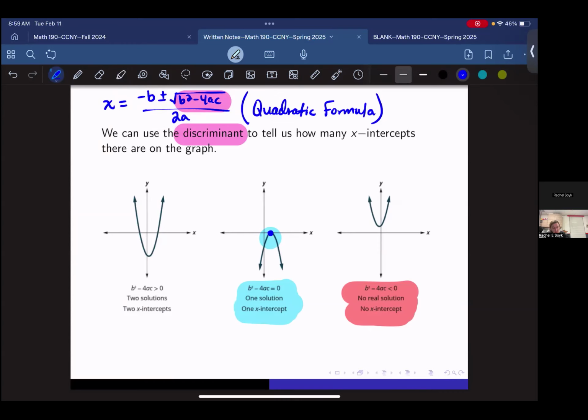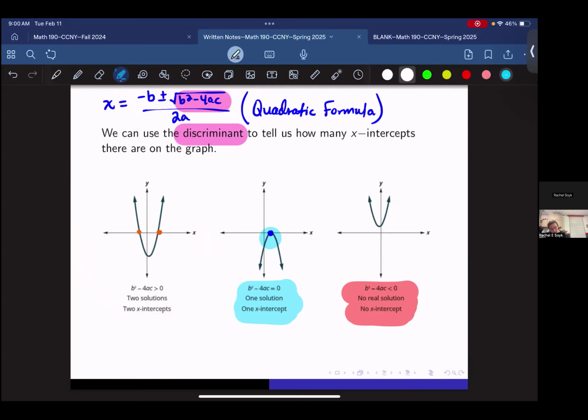And then finally, if you're looking at a value that is greater than 0, whether it's a perfect square or just any random number, 12, for instance, you're going to get two distinct real solutions because you have this plus or minus that you are applying to your quadratic formula, which means you'll have two different x-intercepts, just like we have indicated over here in our visual all the way to the left.